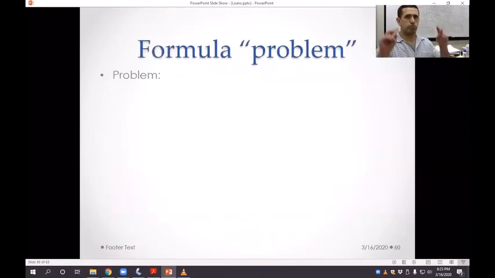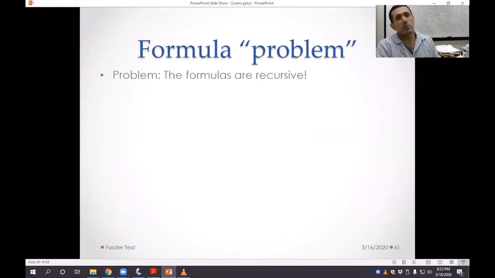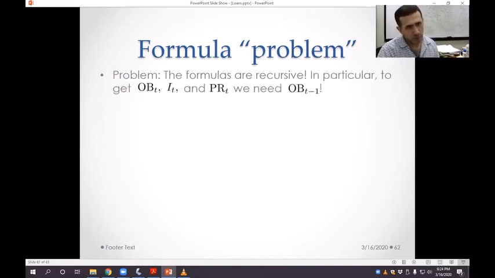There's a problem with our formulas, and that is they're recursive. I don't know if that's really a problem, but it makes it kind of a pain to utilize the formulas, particularly if you want amortization information, entries in your amortization table towards the end of the mortgage.